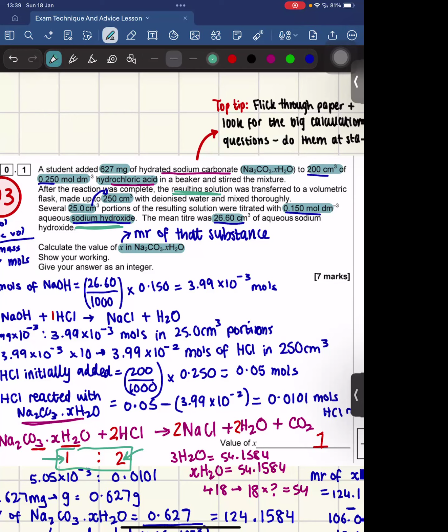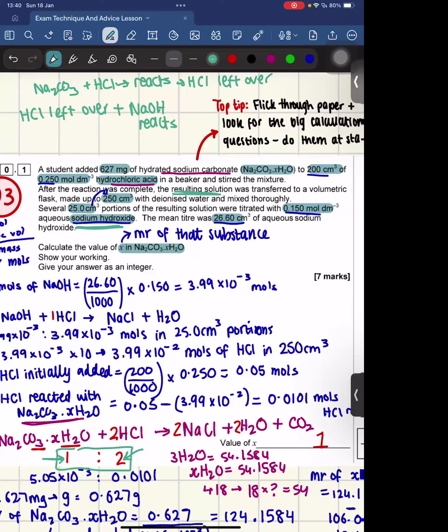But if you split the question up, what might help is having a very step by step kind of diagram. So you could say Na2CO3 plus HCl reacts, and then from the question I can see HCl left over, plus NaOH reacts.